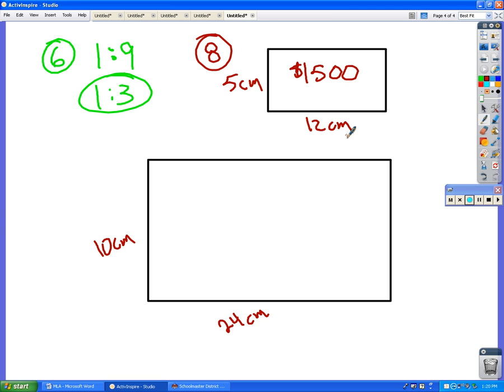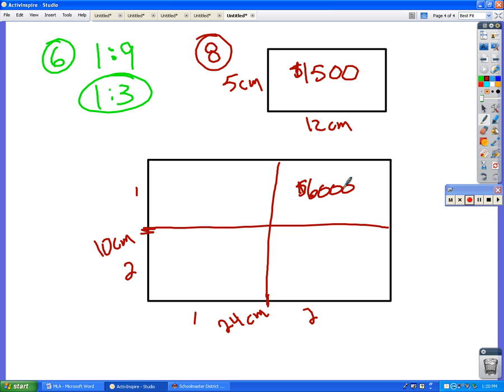But my question to you is, as we worked through yesterday, if I had drawn this correctly to scale, how many of these rectangles would fit inside this rectangle? 4 of them, because I would be able to fit 1, 2 this way, and 1, 2 that way, so I'd get a total of 4 of those original rectangles. So if the original thing cost 1,500, how much is the new one going to cost? 6,000, yes, not twice as much, 4 times as much.